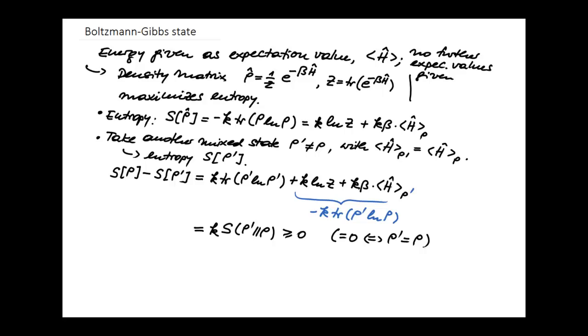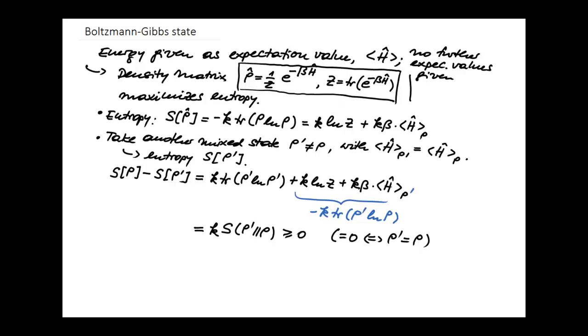So in fact, rho, the state above, is the unique state that maximizes the entropy at a given expectation value for the energy. This is what makes this state so special.